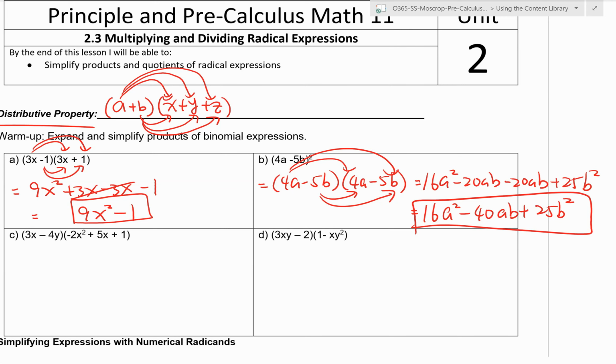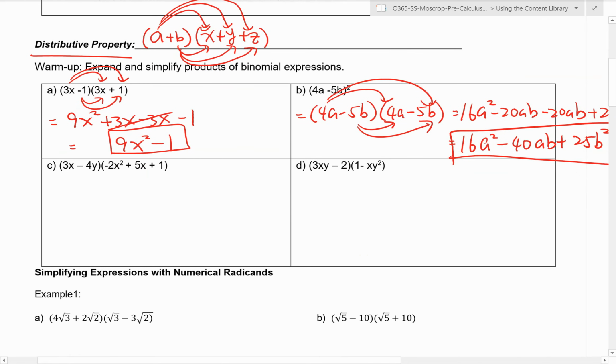Okay, part C, so this is the one I referred to at the distributive property part there. We have a binomial times a trinomial. So you need to expand or distribute. 3x times negative 2x squared is negative 6x cubed. 3x times 5x is 15x squared. 3x times 1 is plus 3x.